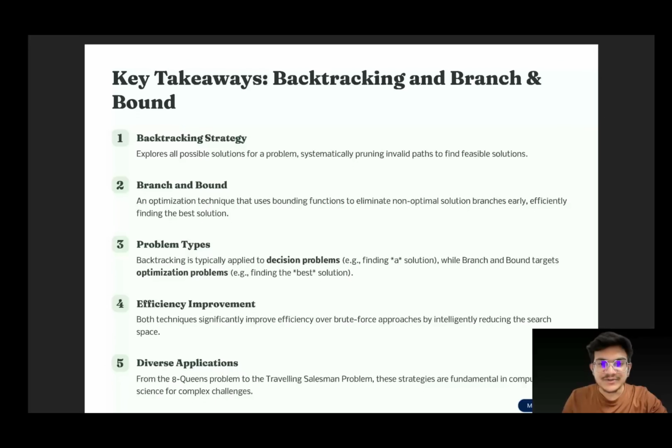Backtracking is mainly used for decision problems while branch and bound is used for optimization problems. Both techniques are more efficient than brute force method. These strategies are widely used in real world problems like scheduling, routing, and optimization. Understanding these techniques helps us to solve complex problems efficiently in computer science.